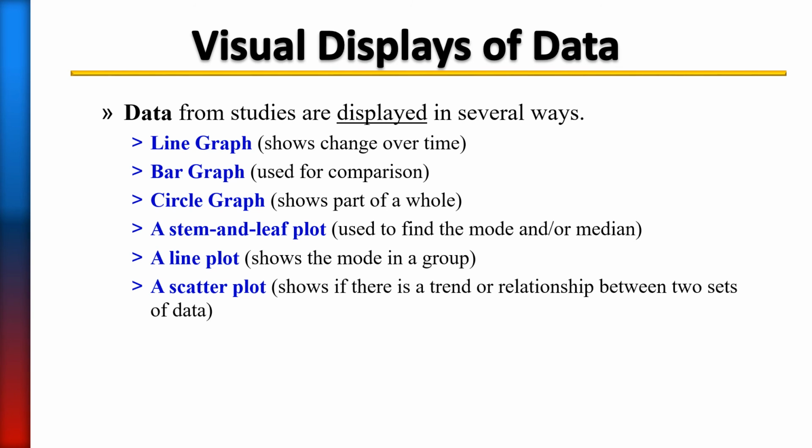A line plot is when you have a number line and you place an X vertically up and down according to how many of that particular category. You can also display your data using scatter plots, also known as scatter diagrams, and what that does is basically tell you if there's a trend or relationship between the two sets of data.